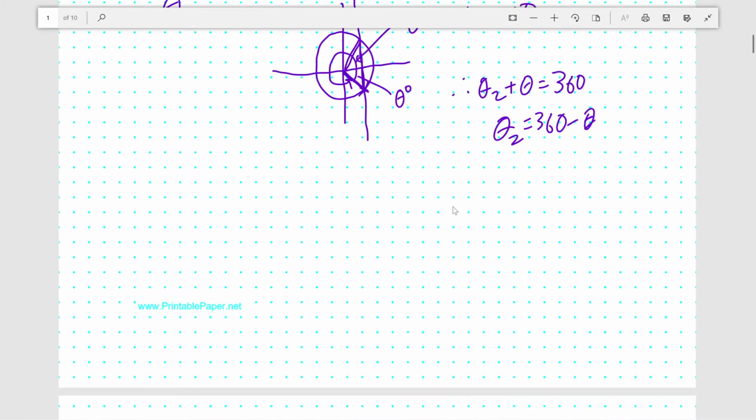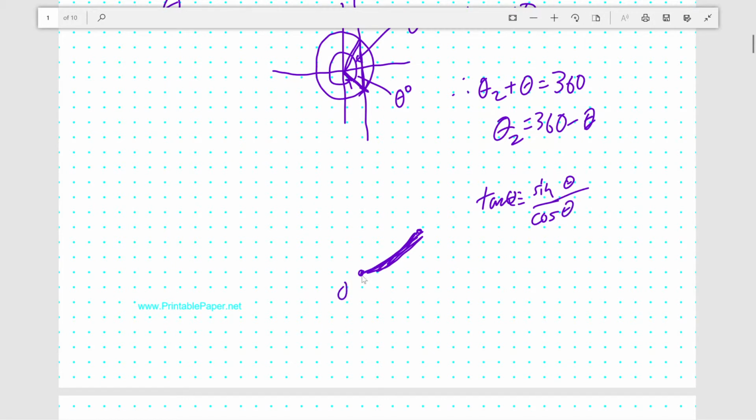And finally, as we discussed earlier, tangent is the gradient of the line within the unit circle, because we know that tan is sine over cos, basically. So tan theta is sine theta over cos theta.